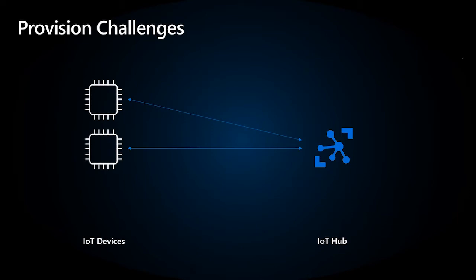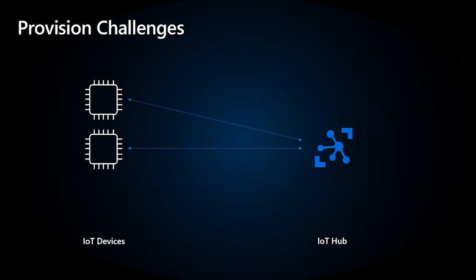Now, this is before we even use device provisioning service. And this will actually probably help all of you understand why, even more on top of the scenarios, device provisioning is there in the first place. So when you think of provisioning challenges, here's a really simple one to think of.